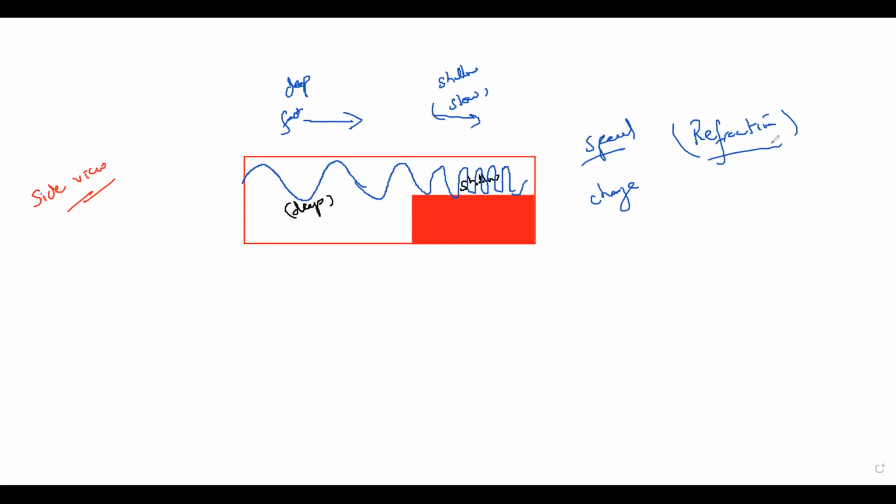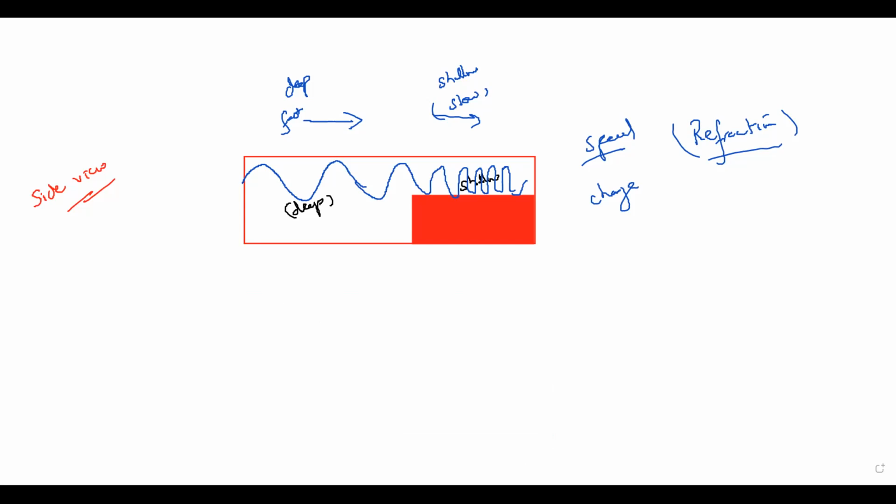As they enter a shallow region, the wave speed decreases, so they come closer to each other, and we call this property of a wave to change the speed when travelling from one place to another refraction.